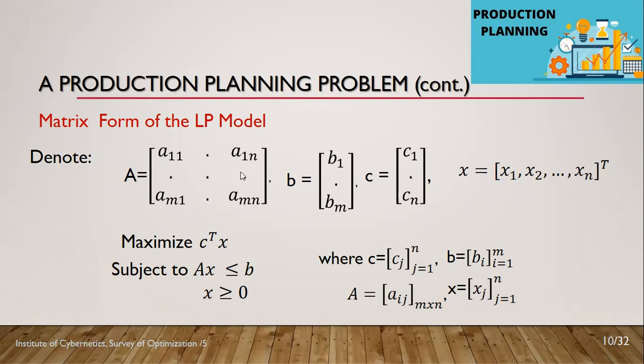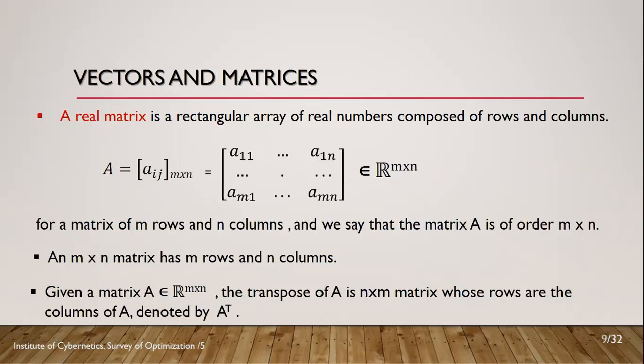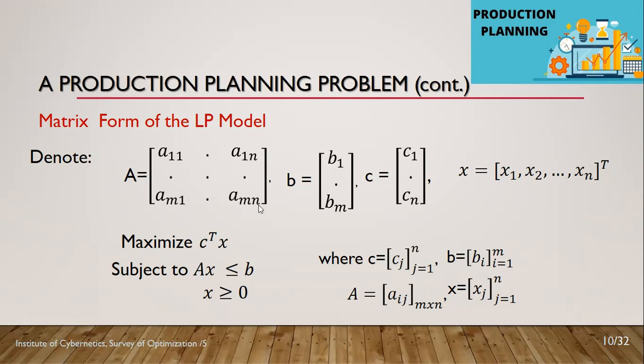This matrix is quite interesting. Normally, we call this a technological matrix, because essentially this matrix and these coefficients describe the technology by which you would produce the products, all the requirements of the resources, and so on and so forth.